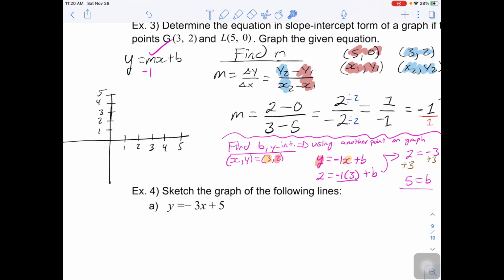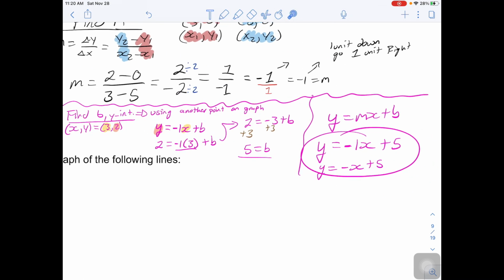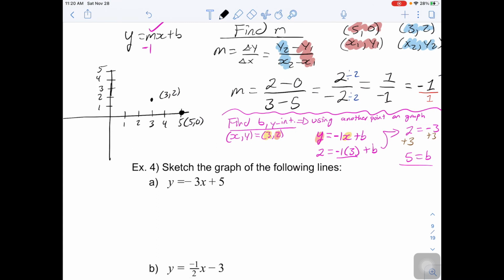Point 3 and 2, when x is 3, y is 2, so that's roughly right here. 5 and 0, that's an x-intercept. When x is 5, y is 0, so we're found right there. This is 3 and 2. And then we found our y-intercept at +5, so that's up here. And you can see that it does, in fact, create a straight line.